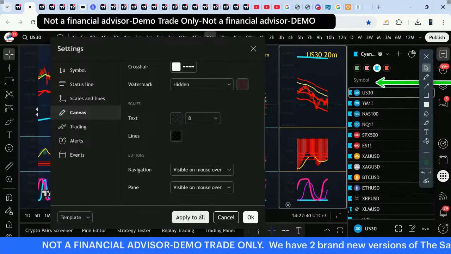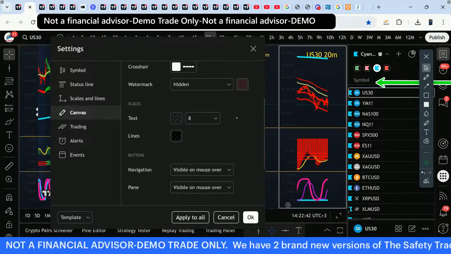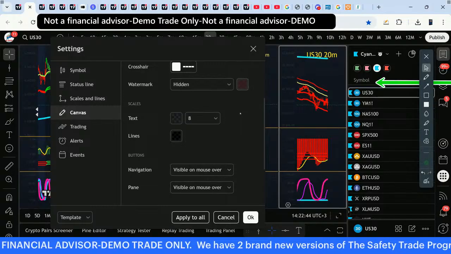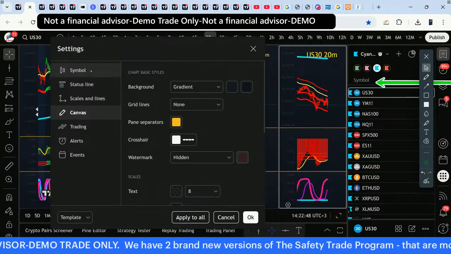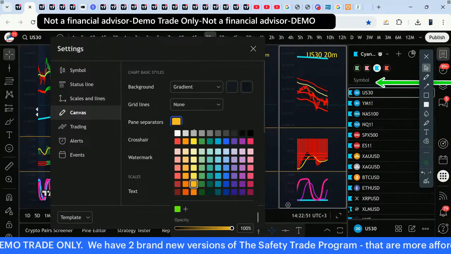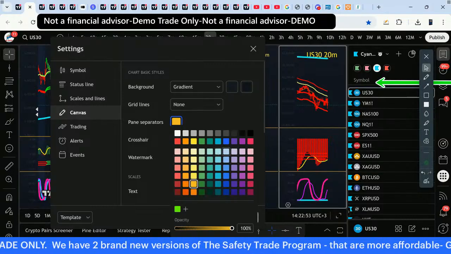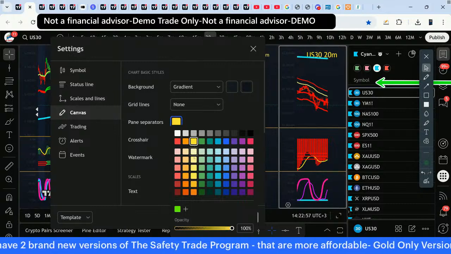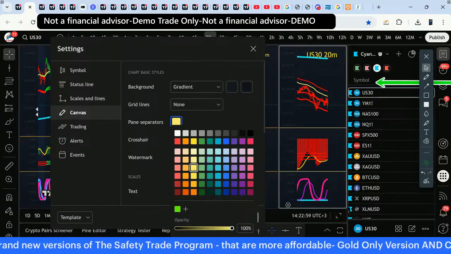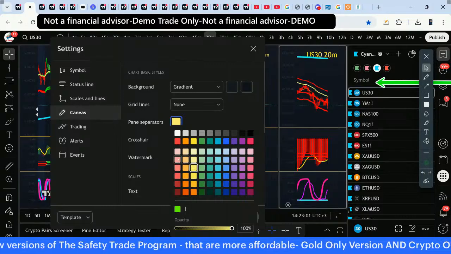Anybody have any idea how I can make that price action line, no, I don't want yellow.